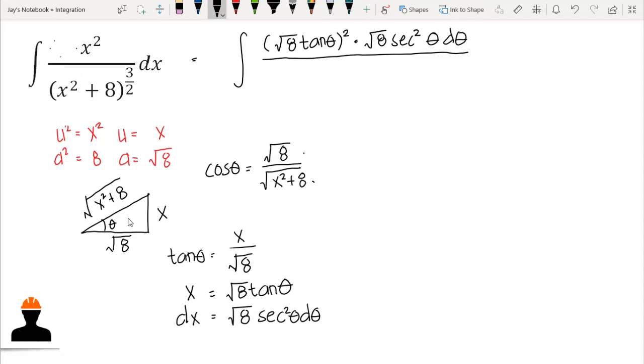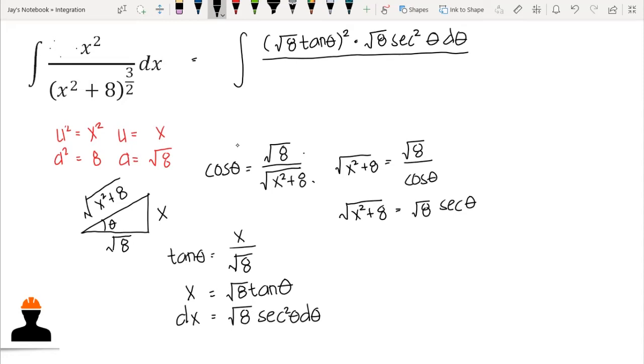That is the identity of cosine theta in a right triangle from SOHCAHTOA. So therefore, we can say that square root of x squared plus 8 is equal to square root of 8 over cosine of theta, which is square root of 8 secant of theta.